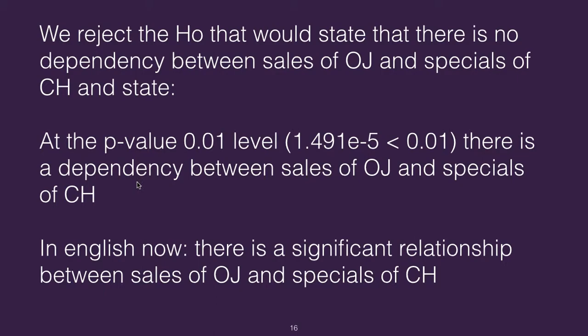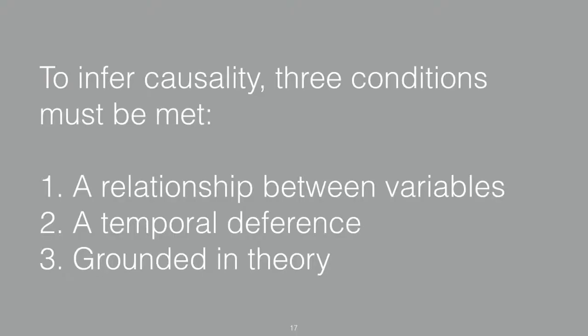There is a dependency between sales of OJ and specials of Citrus Hill. In English, there is a significant relationship between sales of OJ and specials of Citrus Hill. But still, this is not exactly something that we can take business action on. So let's go a little bit further.